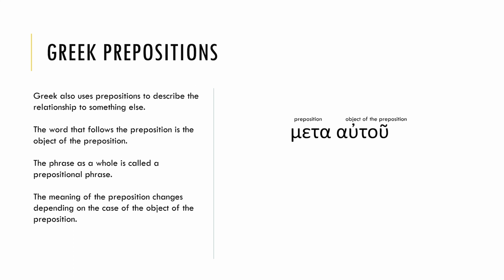Now, another alternative is to use that same preposition μετά, but instead of attaching it to αὐτοῦ, we attach it to αὐτόν. Now, look at the similarities here. It's all the same words, μετά and αὐτοῦ, μετά and αὐτόν. The only difference is that αὐτοῦ is the genitive and αὐτόν is the accusative. So it's the same words, but the object of the preposition, one is in the genitive and the other is in the accusative.